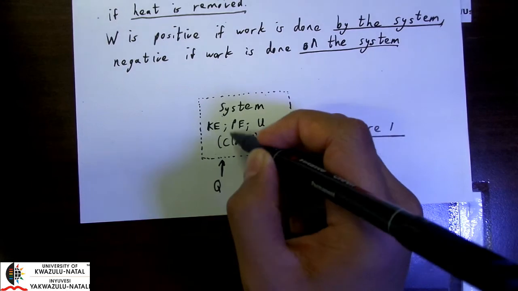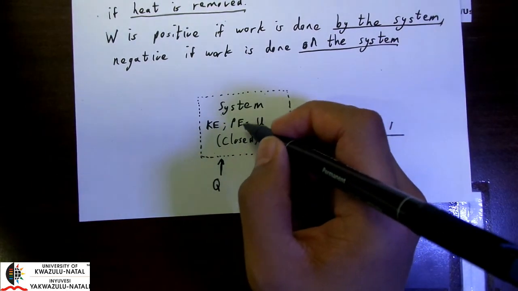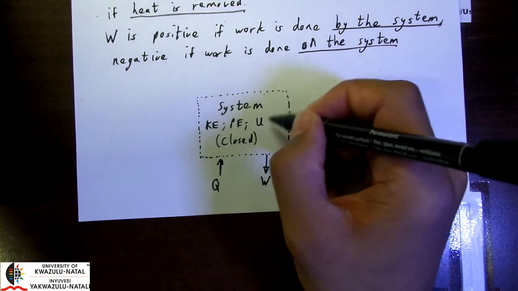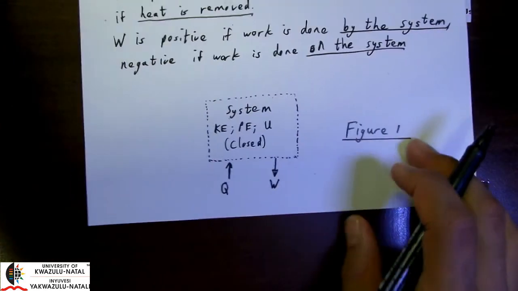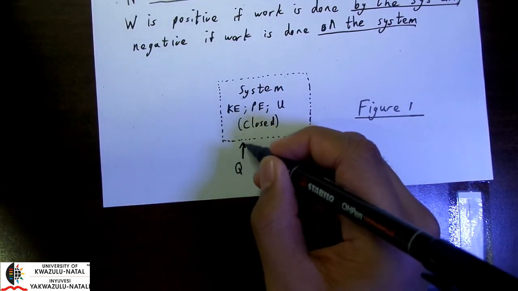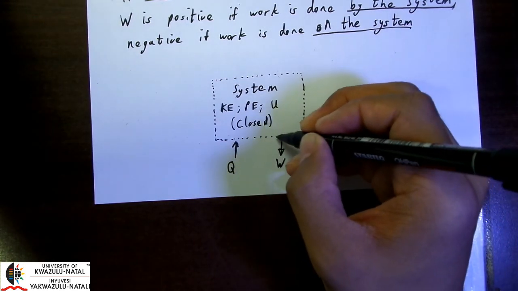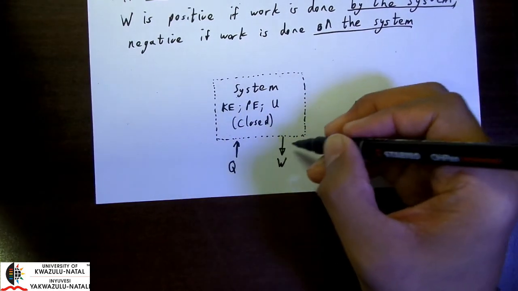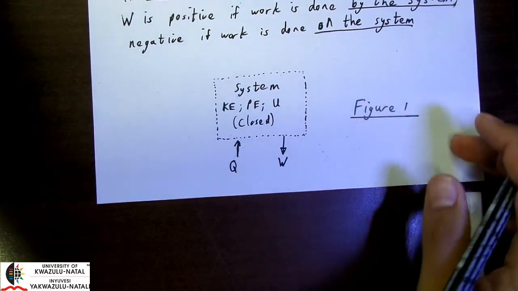The potential energy is mgz, again a fixed mass, and then we have our internal energy, also dependent upon the mass. Then we have work coming in from the surroundings to our system, and energy coming in, and then work leaving the system to the surroundings.